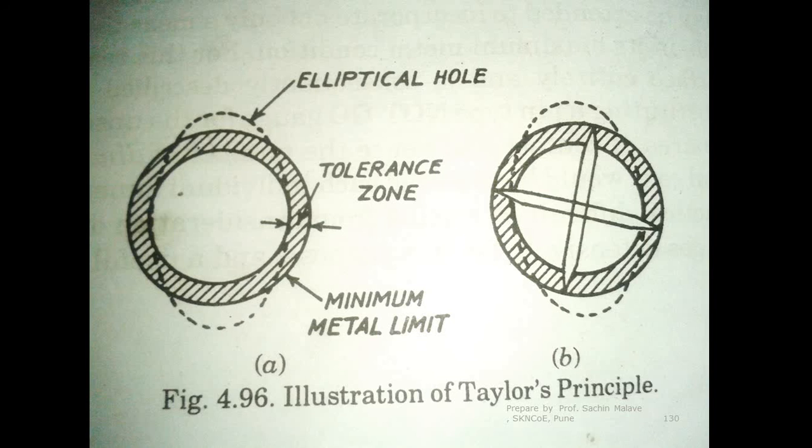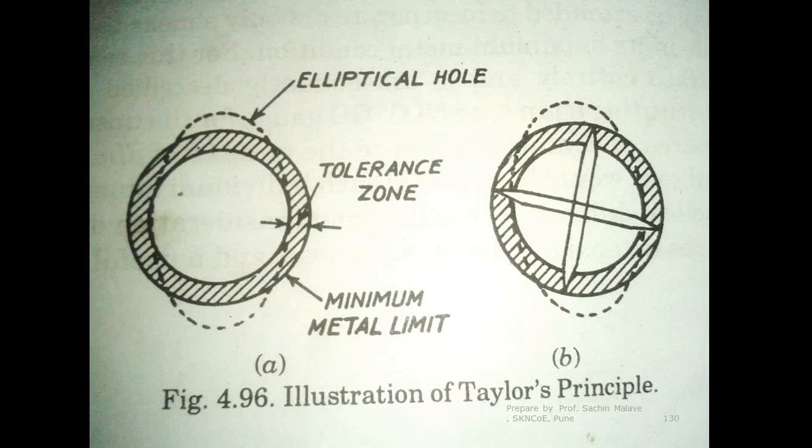Since both the conditions are satisfied, what does it mean? It means that whatever elliptical hole you have produced is okay. But in actual reality, is this elliptical hole accepted? It is not okay. It means that whatever gauge you are using is giving you a false result.